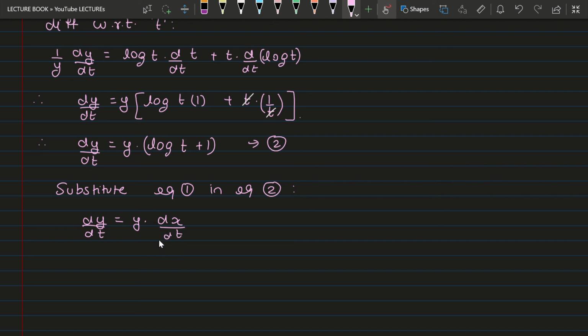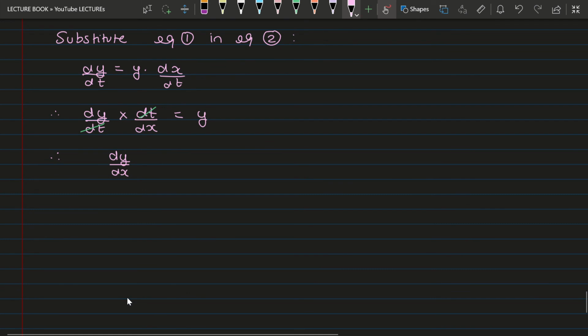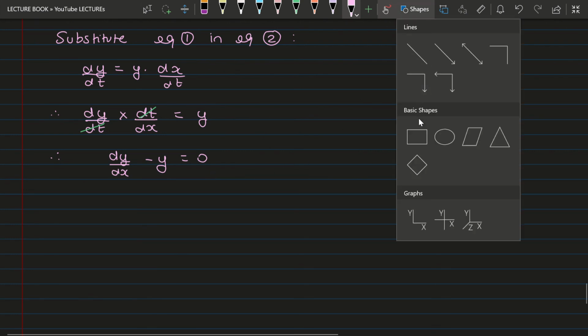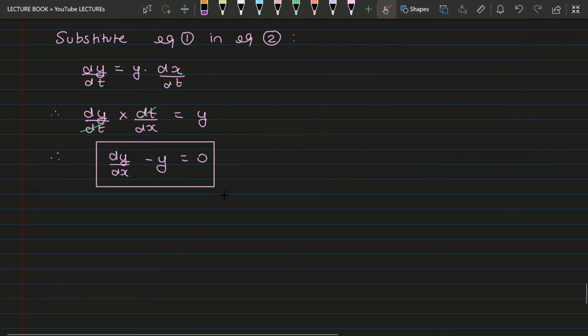Now this dx by dt gets reciprocal and multiplied on the opposite side. So dy by dt multiplied by dt by dx is equal to y. So students, you can cancel off dt and dt and you get dy by dx over here. Then subtract this y on the opposite side, it becomes minus y, and this is equal to 0. So students, that is your required answer.